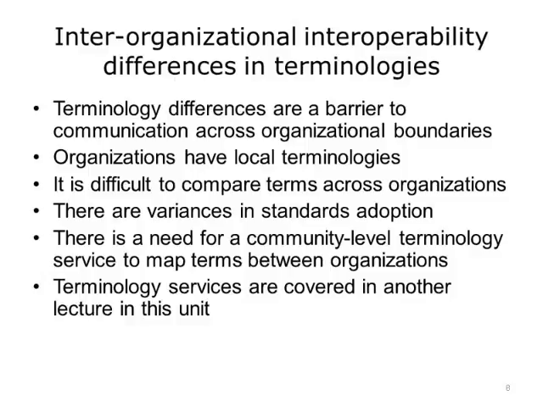Mapping is required, so ideally there is a community-level terminology service to map terms between organizations. This exists in health information exchanges. Terminology services and HIE tools and technology can be used to manage these problems. These technologies are covered in a later lecture in this unit.